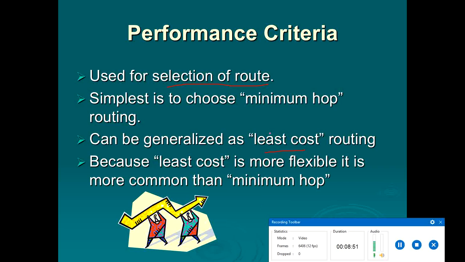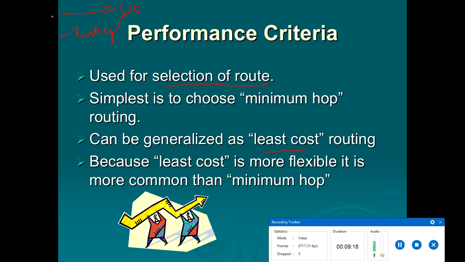Let's understand what is this minimum hop and what is this least cost from our general way of example. For example, I'll take the same example. You want to travel from Saudi to US. You have three options. The first option is to take a direct flight to US. Second option is go from Saudi to Turkey, and then from Turkey you take a direct flight to US.